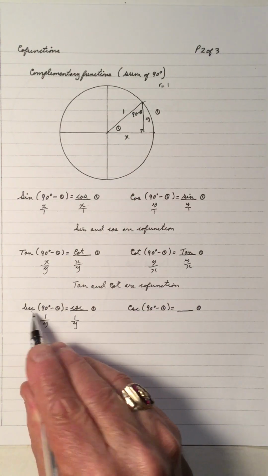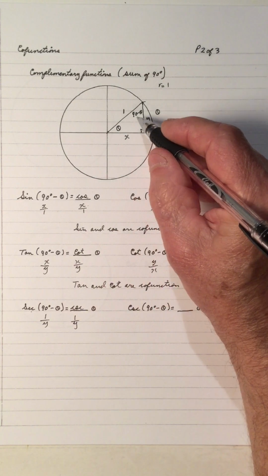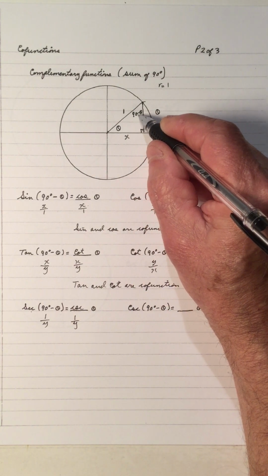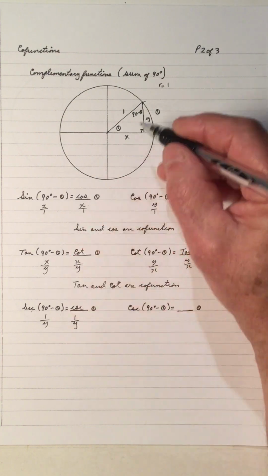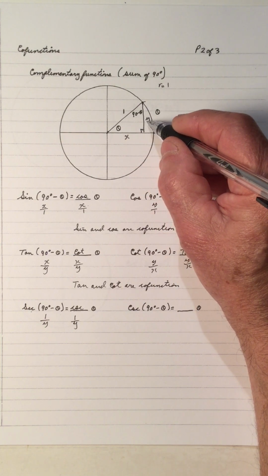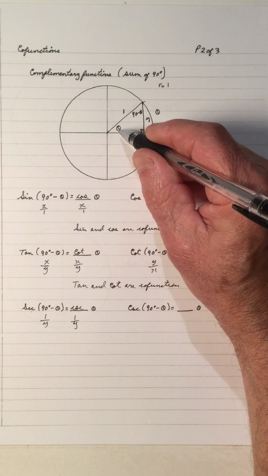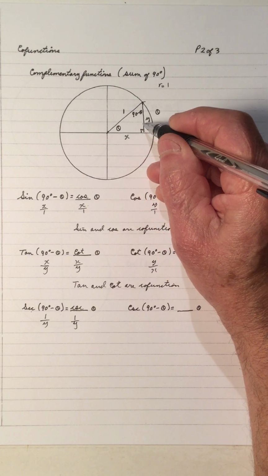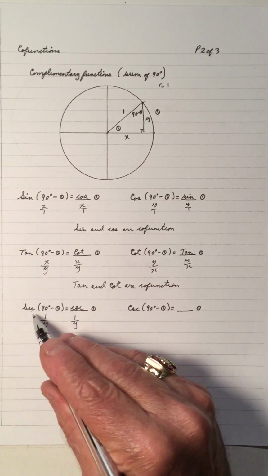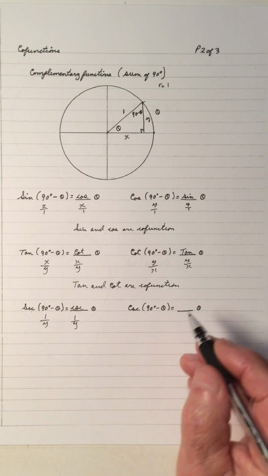So secant and cosecant. In terms of 90 minus theta again, secant is 1 over the adjacent, and cosecant is 1 over the opposite. So secant and cosecant are cofunctions.